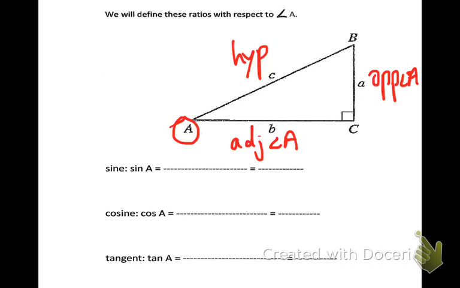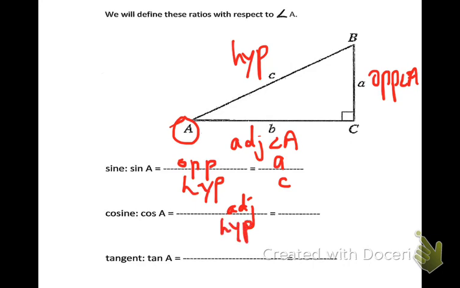So the sine of A is the ratio of the opposite side to the hypotenuse. In this picture, that would be a over c. The cosine of A is the ratio of the adjacent side over the hypotenuse.